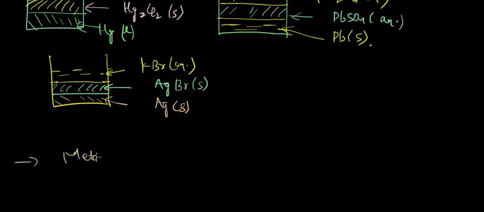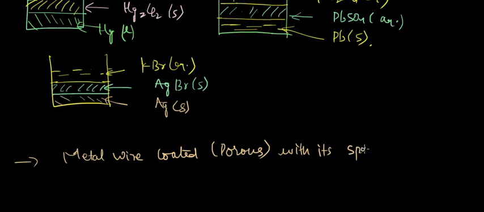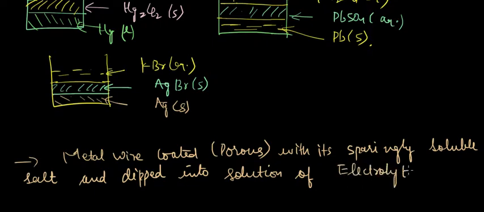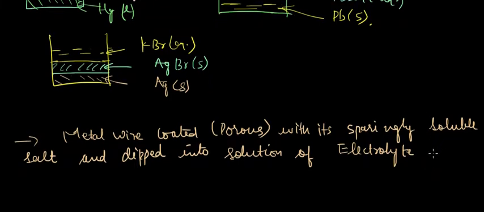So we can have a metal wire coated, which is porous, with its sparingly soluble salt and dipped into a solution of electrolyte, which is the source of anion.